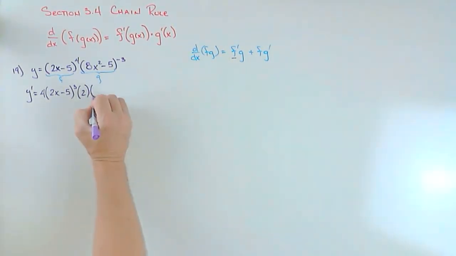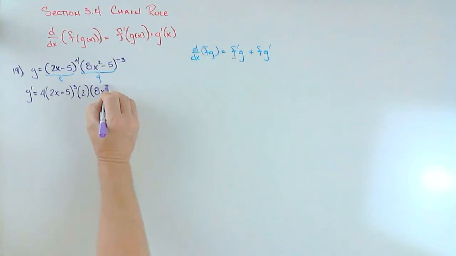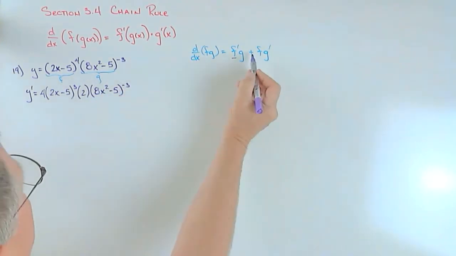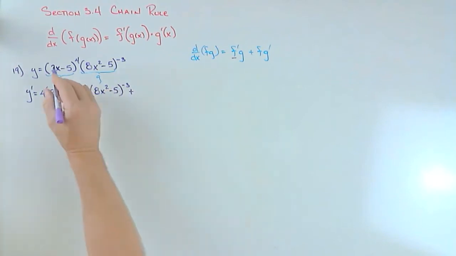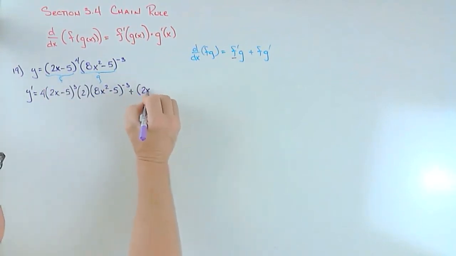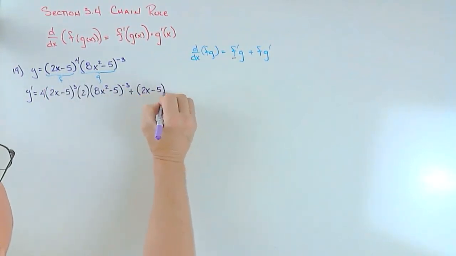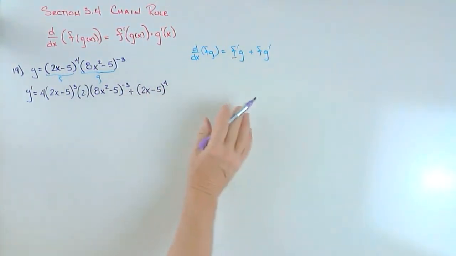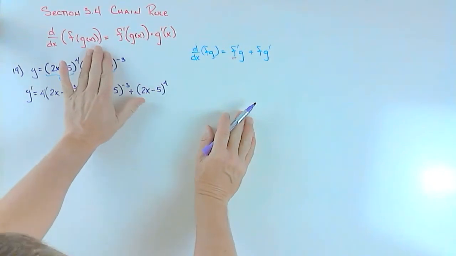Now we have to write down g. Plus, we copy down f. And we're going to take the derivative of g. Once again, we have somebody to a power.